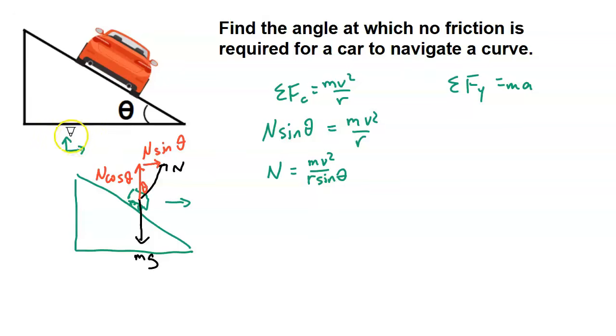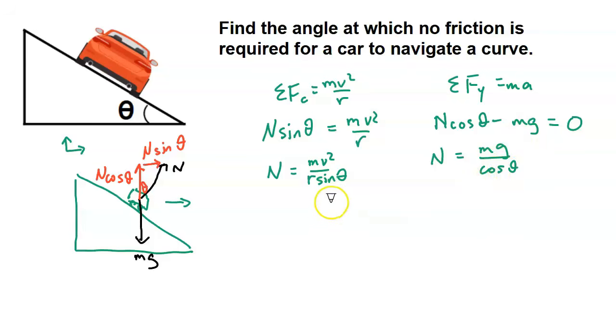So we have all the forces in the positive direction minus all the forces in the negative direction, or you could say all the force up, n cosine theta, minus all the forces down, which is mg, is equal to, and it's not accelerating up or down, so that's going to be 0. Okay. So next, we're going to isolate n and maybe try to get rid of this n here. And we get, move this over, mg, and then divided by cosine theta.